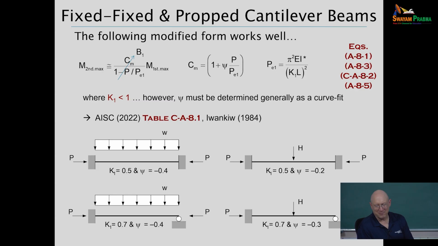The only difference is that we still have the same form for C sub m. We have the psi value, which is basically a curve fit in this case. But PE1 has changed. PE1 is pi squared EI over KL squared.